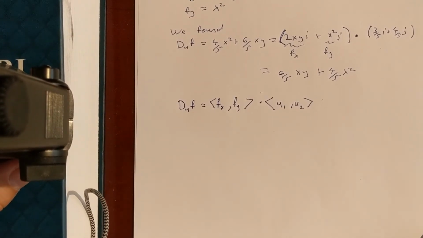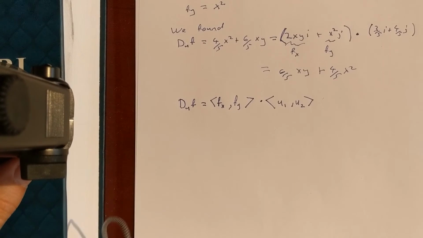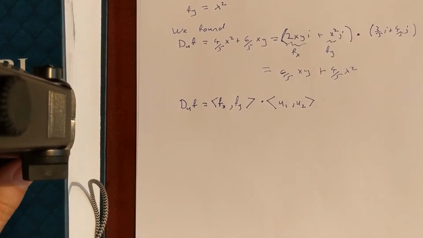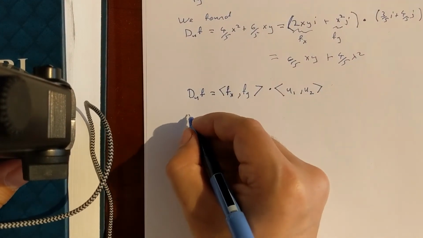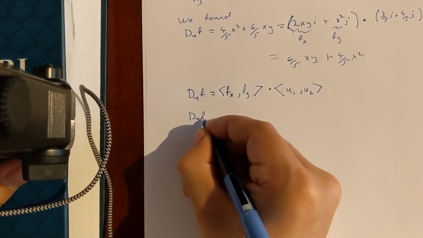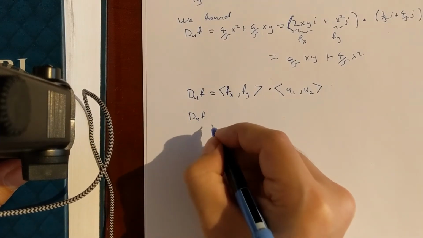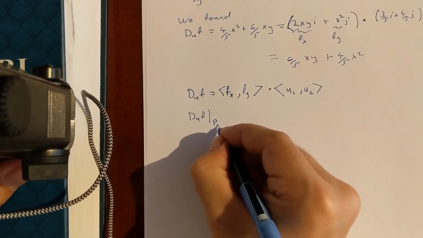So why is this happening? Why did this happen? That's something we should be thinking of, and that's what I'd like to do next. One way, I'm going to write another definition. Sometimes in different books you see D_u f, the function f evaluated at the point P naught.